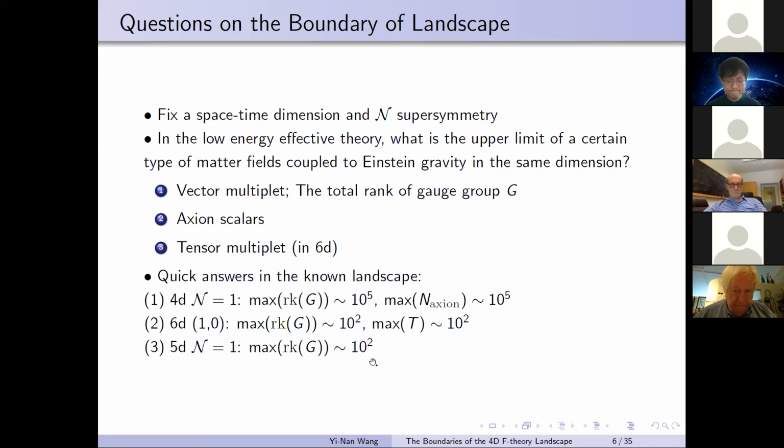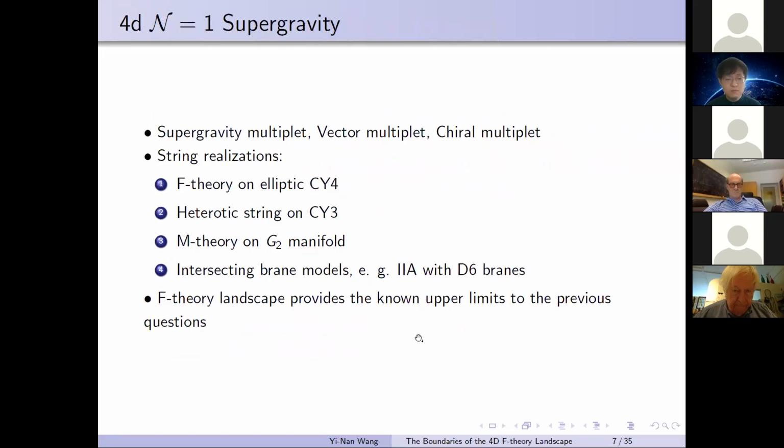Okay. Now I'm going to go into the first part of this talk, which is about 4D N=1 supergravity, where the massless supermultiplets are supergravity multiplets, vector multiplets, and chiral multiplets. In string theory, there are many different ways to construct 4D N=1 theories. That includes, for example, F-theory on an elliptic Calabi-Yau fourfold, heterotic string on a Calabi-Yau threefold, or M-theory on a G2 manifold.